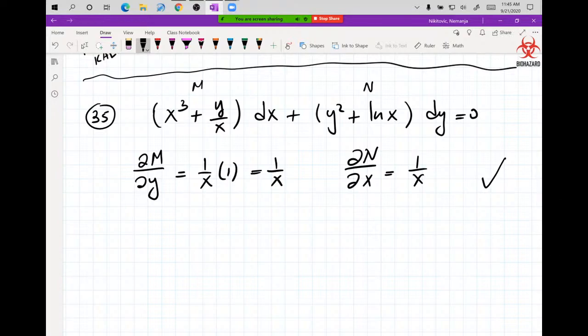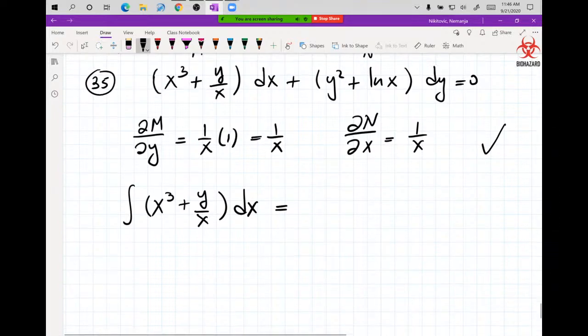So I can go and do the procedure. The procedure is we integrate x cubed plus y over x dx, and that immediately gives us the solution for the problem, just one step. But it has that c of y, which you have to figure out down the line.